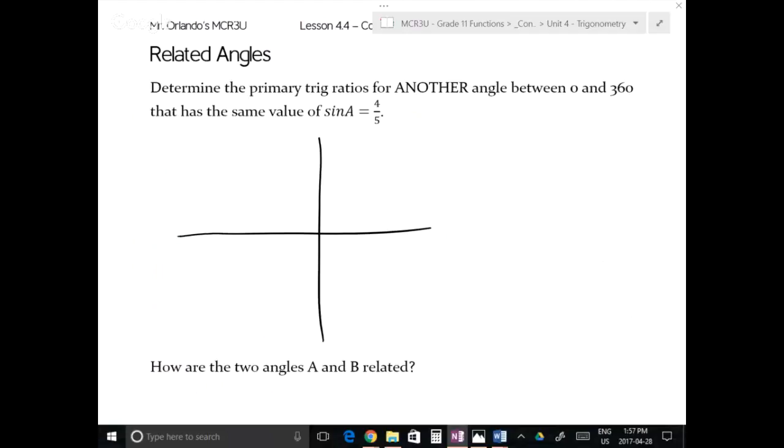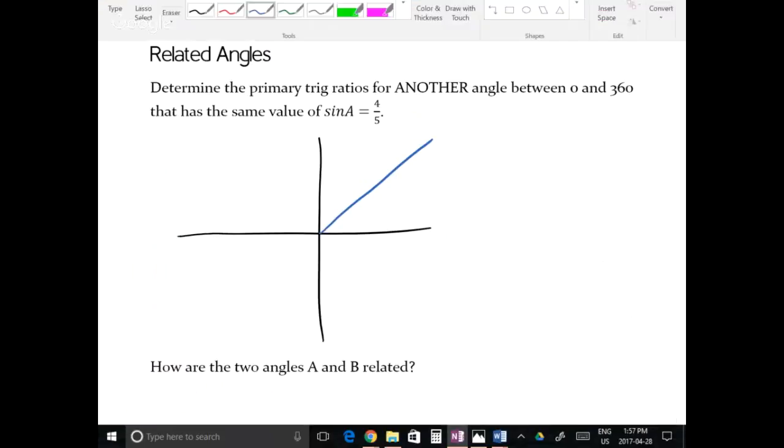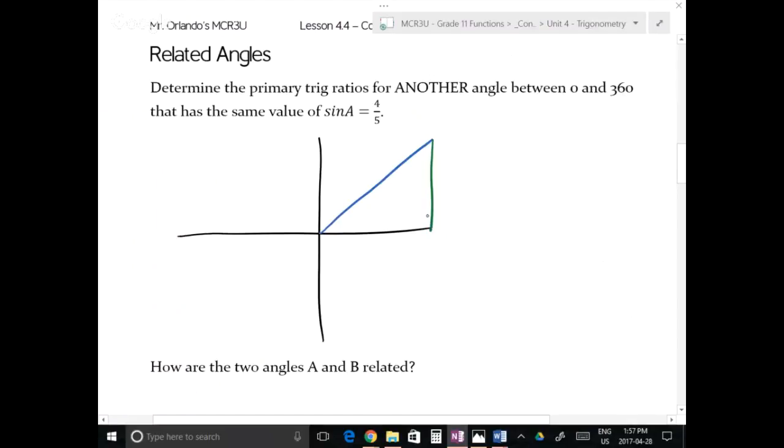Remember that first question way at the beginning that I gave you? Sine of A is 4/5, and we made that triangle, right? And we said that if this is angle A, then this opposite side was 4, the hypotenuse was 5, and the adjacent was 3.